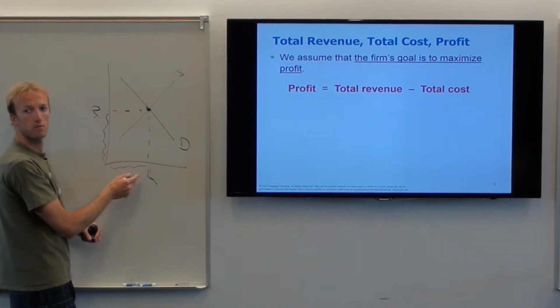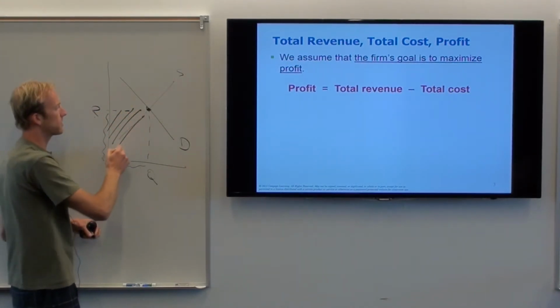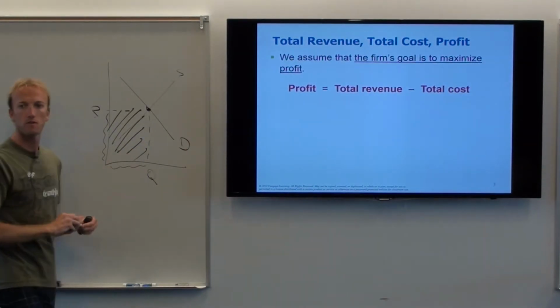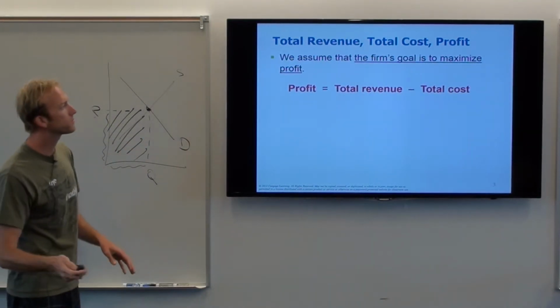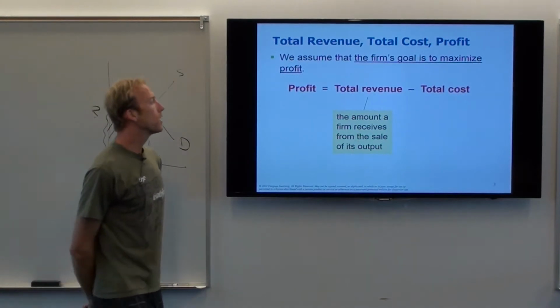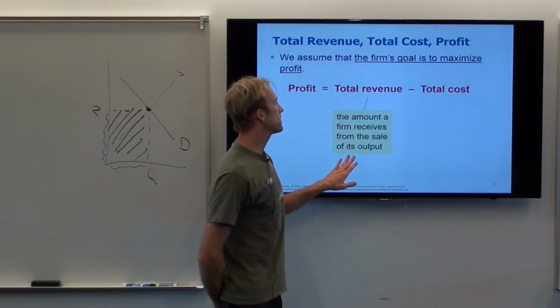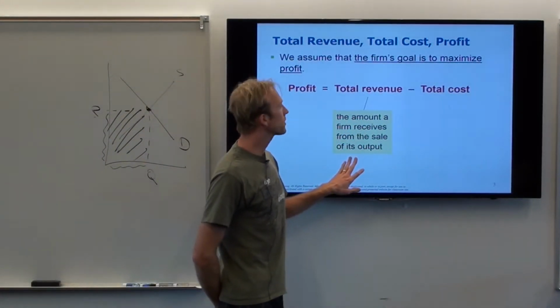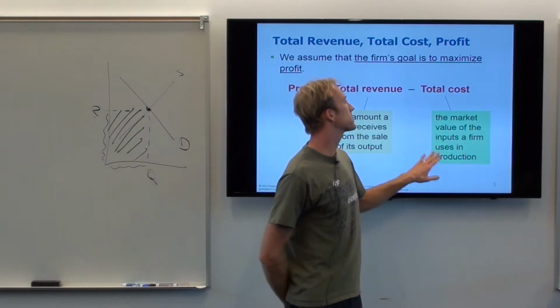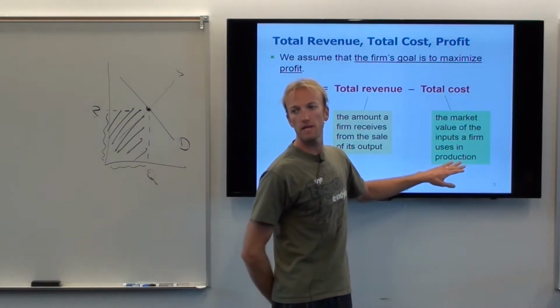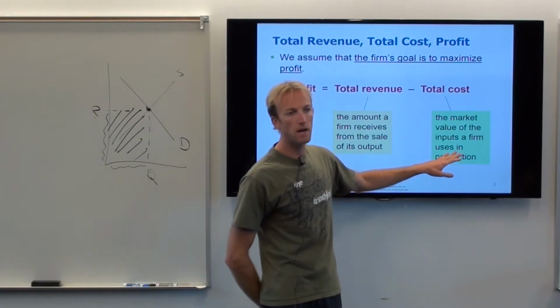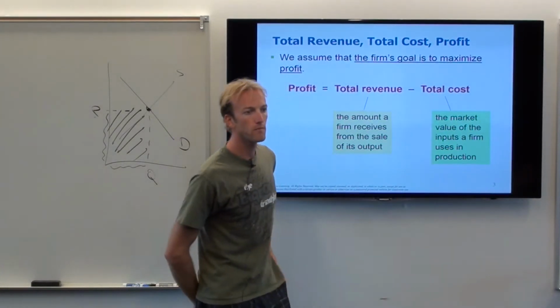P times Q, which graphically I can just think of as the area of this box right here. So that's total revenue, P times Q. Again, total revenue is the amount a firm receives from the sale of its output. And the total cost is all of the inputs that it uses. And then how do we value them? We value them at market value, right?